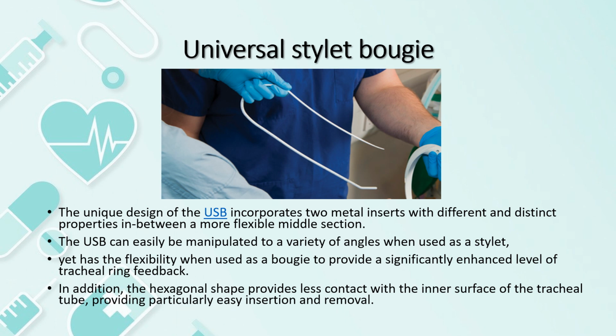The universal stylet bougie can be easily manipulated to a variety of angles when used as a stylet, yet it has the flexibility of a bougie, and it enhances the level of tracheal ring feedback. In addition, the hexagonal shape provides less contact with the inner surface of the tracheal tube, providing particularly easy insertion and removal of the tube.